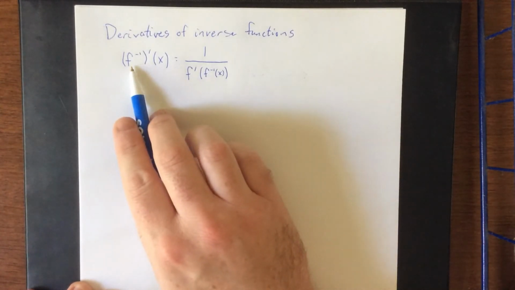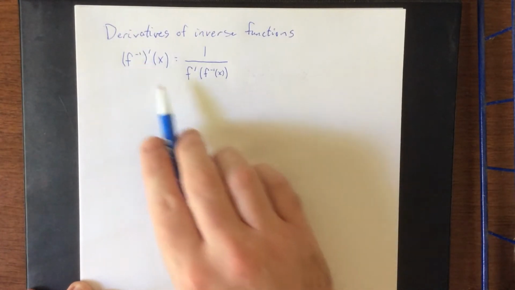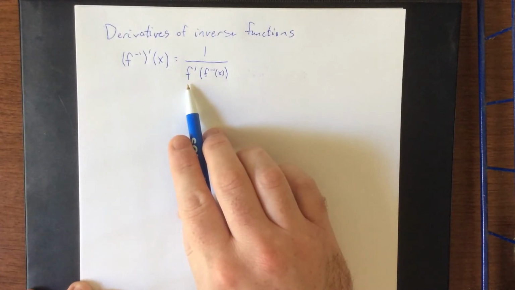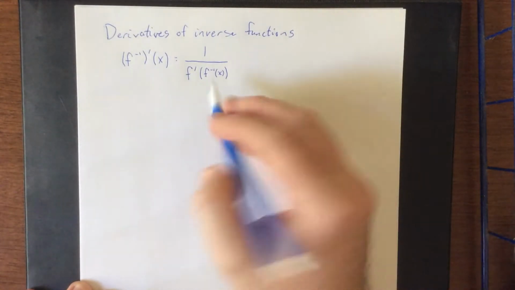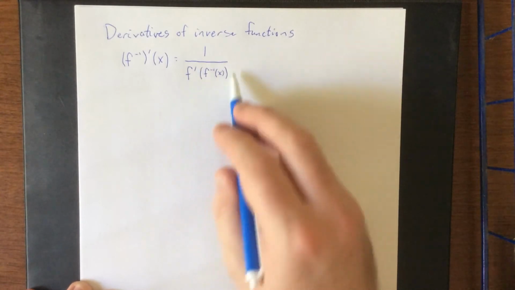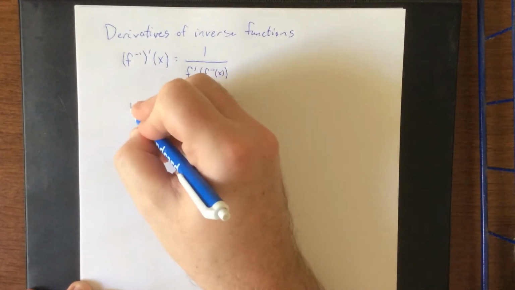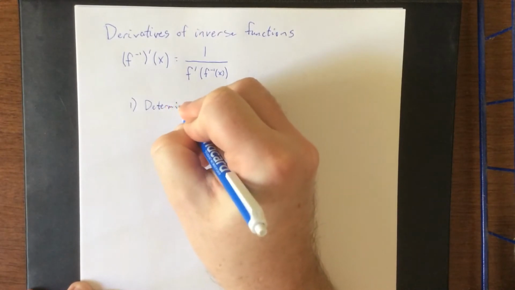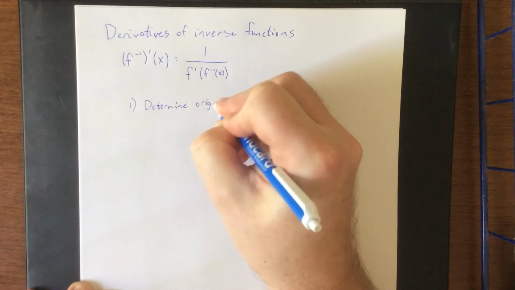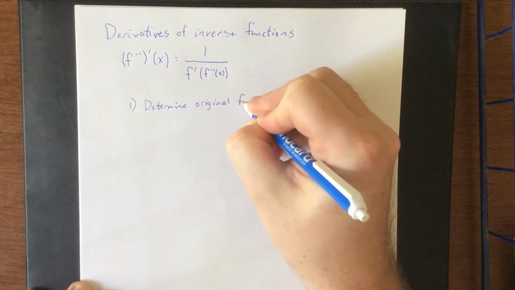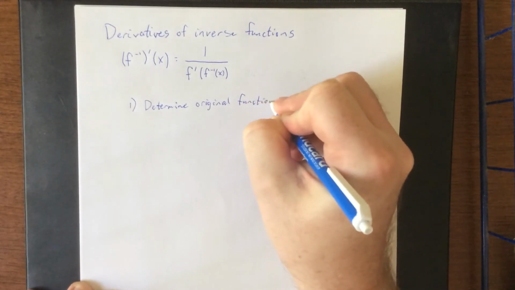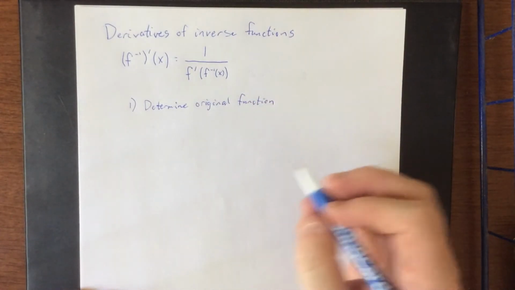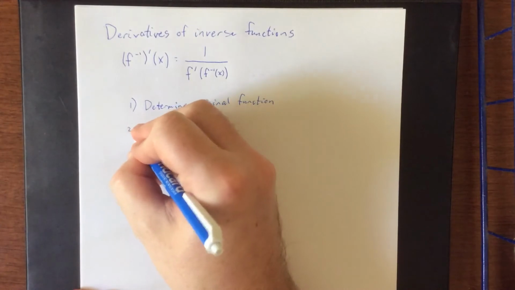So I'm going to refer to f inverse as our inverse function and f as our original function, as it were. In order to create this expression, in order, we would need to determine the original function, which is typically done using techniques of algebra as far as finding inverse functions is concerned.